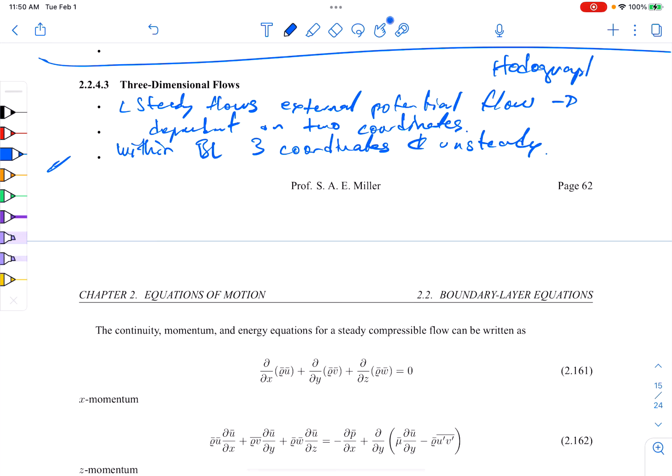I mentioned this before in the class. It's a very rare time to actually find someone who uses hodograph techniques. I might just ask the class, does anybody remember what a hodograph is? It's an esoteric thing today, but it used to be really popular before general CFD came about.